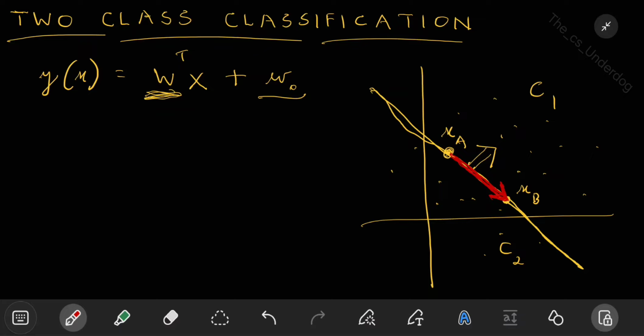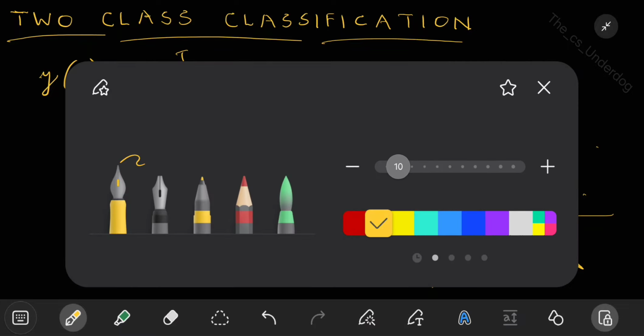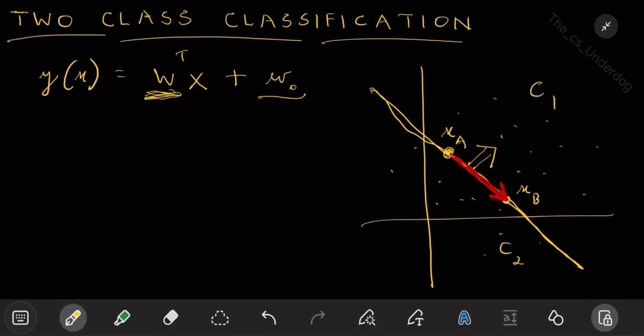So if I have 2 points xa and xb, in that case, what will be my y of xa? Because xa is lying on the decision surface, y of xa will be equal to 0, right? Similarly, because xb is also lying on the decision surface, y of xb will also be equal to 0.